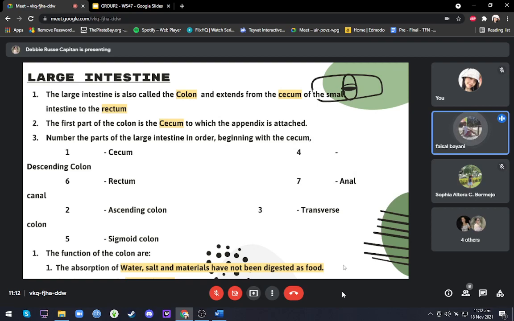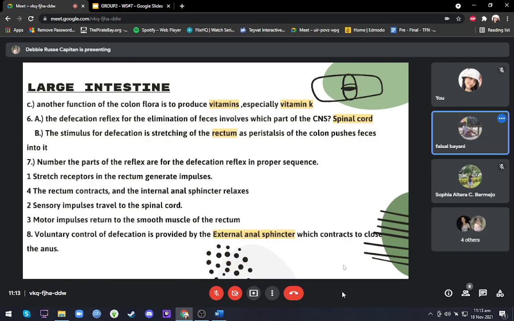The functions of the colon are: number 1, the absorption of water, salt, and materials that have not been digested as food. C. Another function of the colon flora is to produce vitamins, especially vitamin K. Number 6, letter A, the defecation reflex for the elimination of feces involves which part of the CNS?